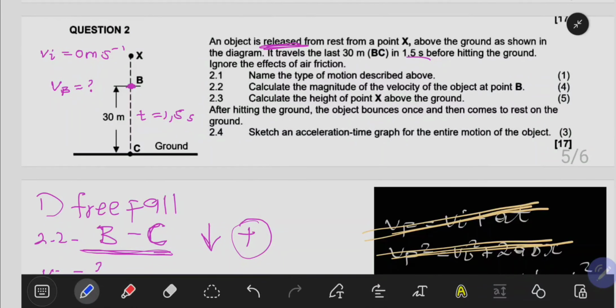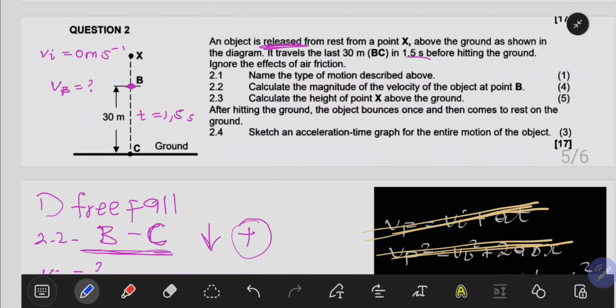All right, so the second one says calculate the height of point X above the ground. They want to know the height of point X above the ground.